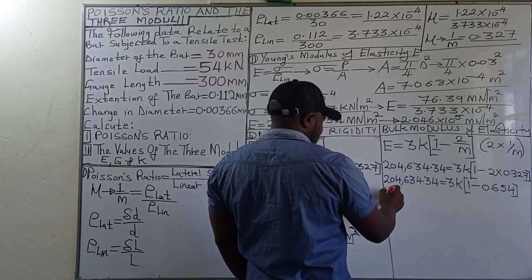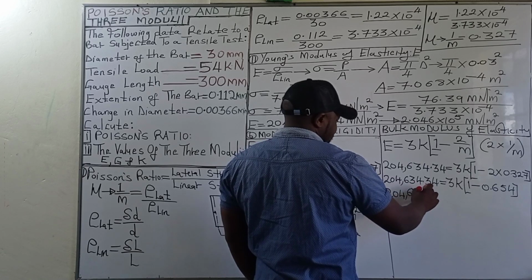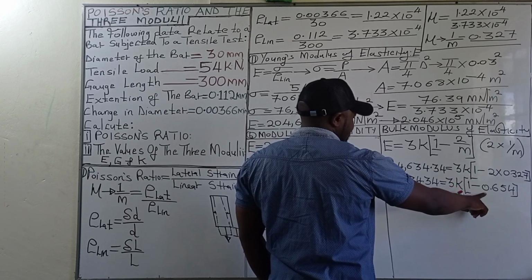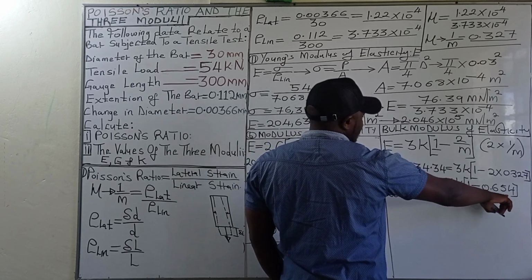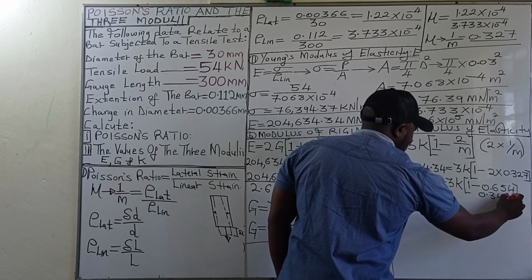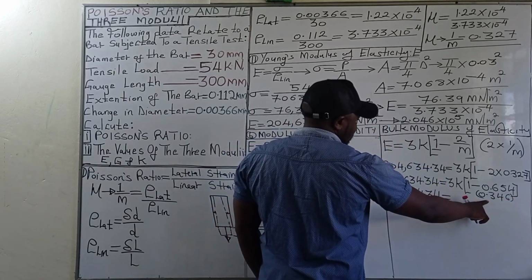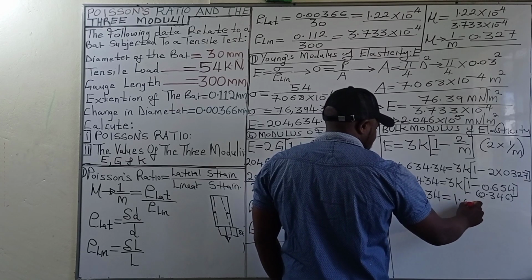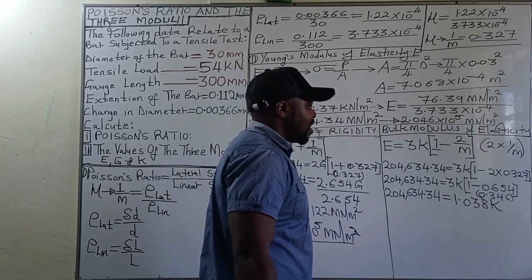So this will lead us to 204,634.34 being equal to 1 minus 0.654, that is 0.346, times 3, which gives 1.038K.